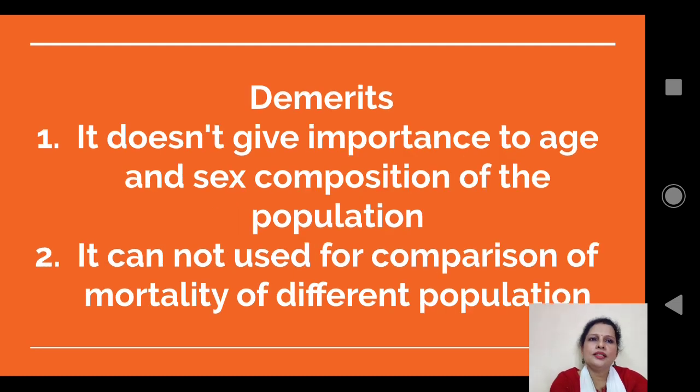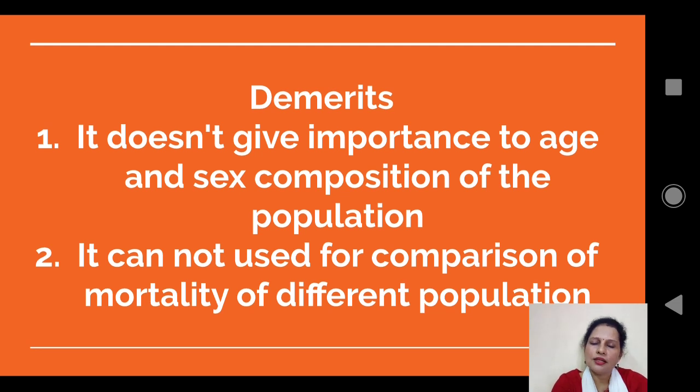Okay. The demerits are, it does not give importance to age and sex composition of the population. Now the question is, why we need a measure which should give importance to age and sex composition of the population? The reason is, death is not equally distributed in all the age groups and in different sexes.